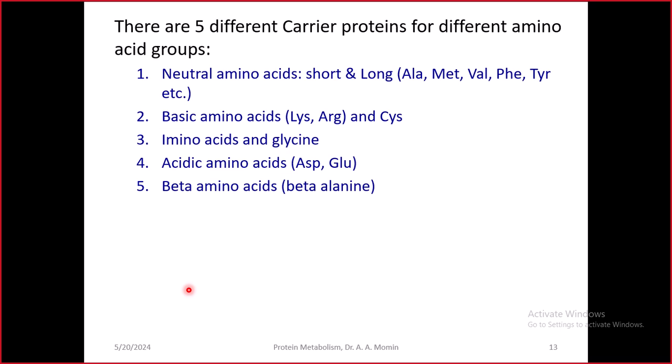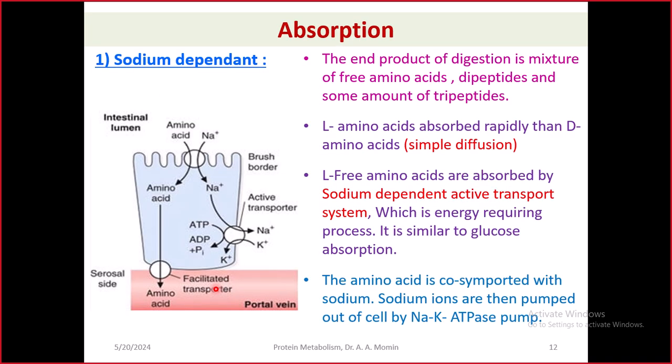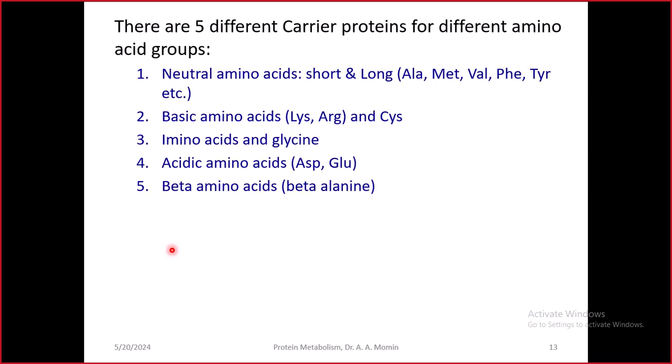So there are 5 different carrier proteins for different amino acids. As we have seen in the transport, these are the carrier proteins. They are different for different amino acids, but collectively there are 5 carrier proteins which transport a set of amino acids. One is for neutral amino acids like alanine, methionine, valine, phenylalanine, tyrosine. One is for basic amino acids that include lysine, arginine and cysteine.